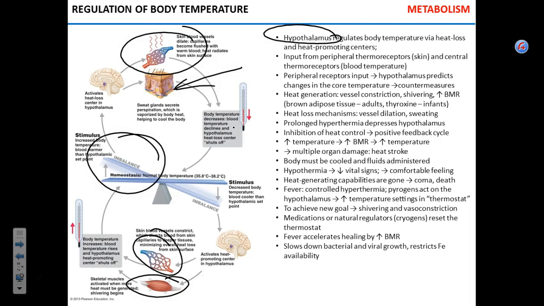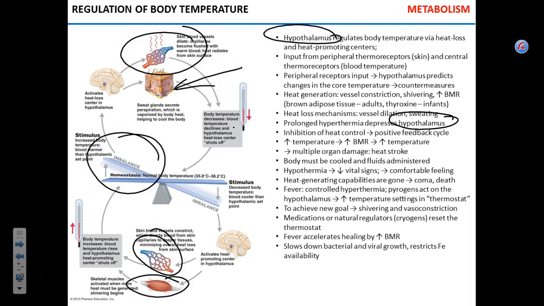Now, what happens in hyperthermia? In hyperthermia, the hypothalamus is inhibited, just suppressed. Its activity is suppressed. Imagine this, your thermostat stops working. When your body temperature in this situation increases, how does temperature of the body influence BMR? It increases BMR.